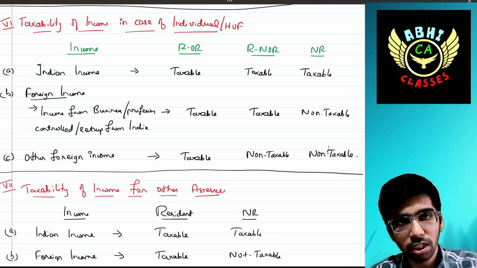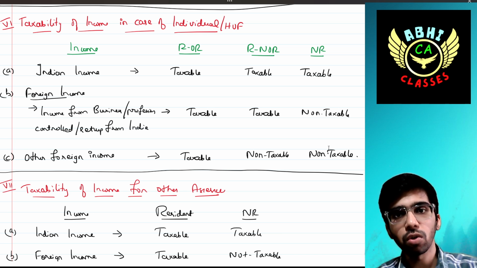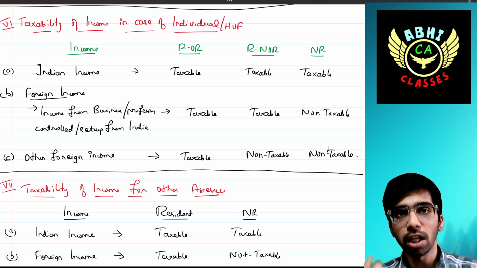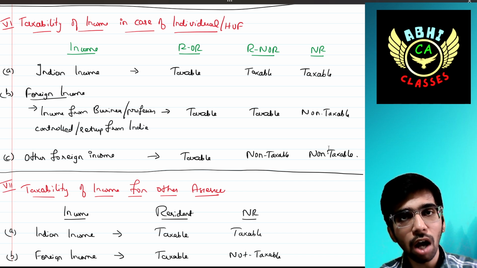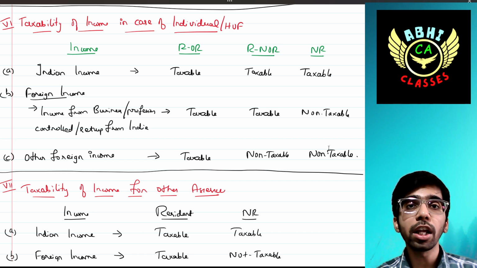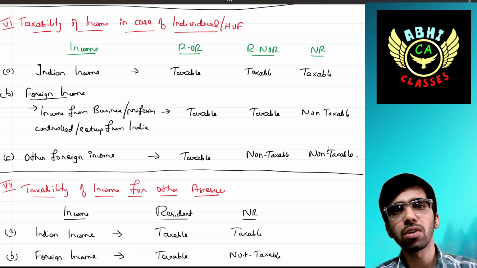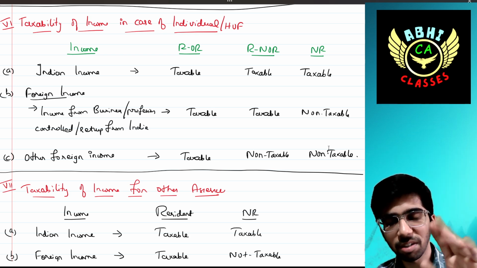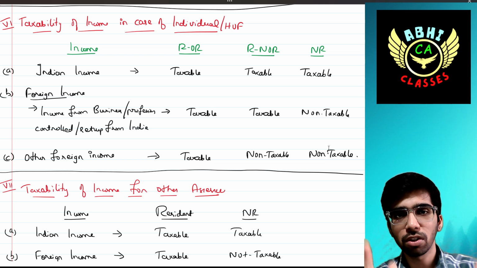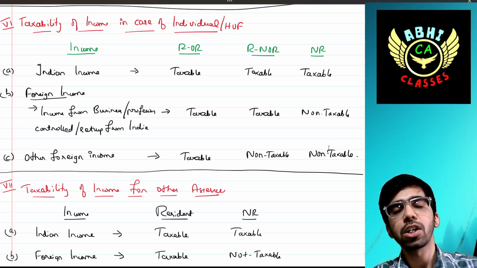NR obviously it is not taxable. For NR and R and NOR also it is not taxable if it is not controlled or set up in India. If it is set up in India, then for R and OR and R and NOR it is taxable. For NR it is not taxable. For foreign income, only R and OR is taxable because for him the global income is taxable, right? For other categories it is not taxable. Simple. This is the scope of income. This might be a very basic understanding from your example.